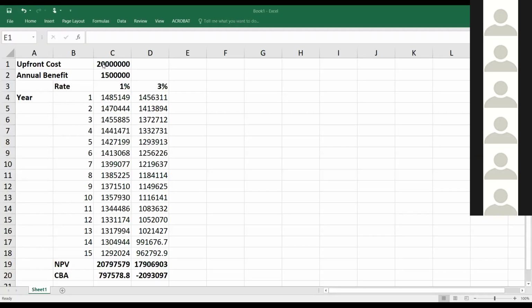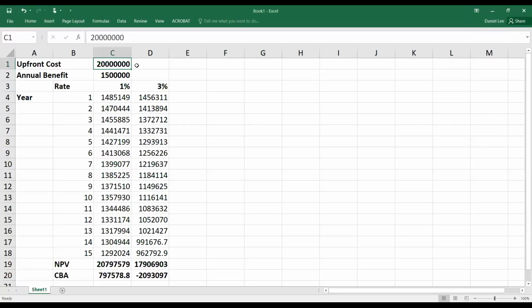So give me a second to reshare the screen. But we have an upfront cost of $20 million. This now includes social cost. We have an annual benefit, not including social benefit, of $1.5 million and a 3% rate.